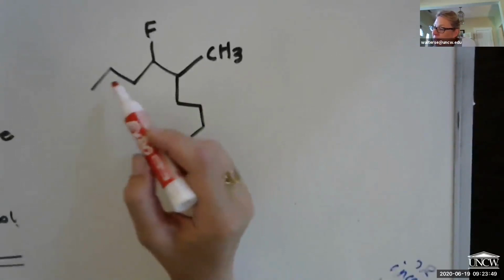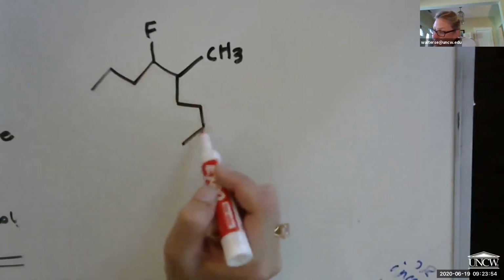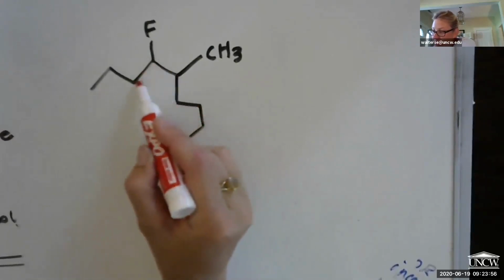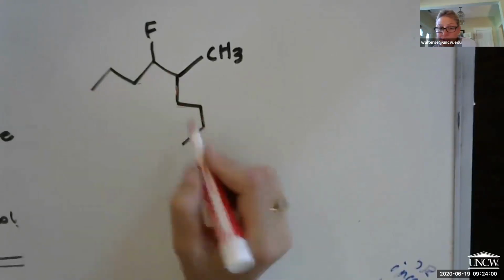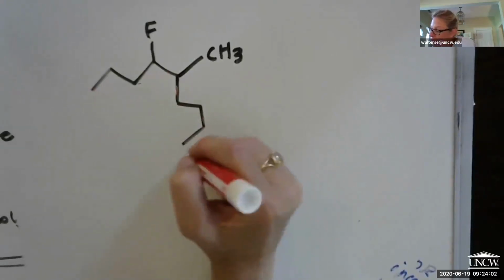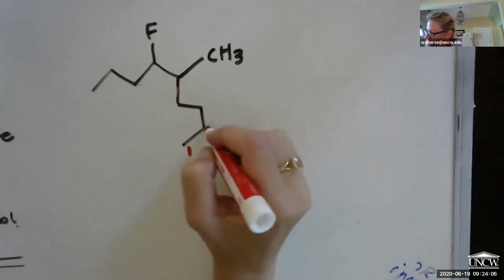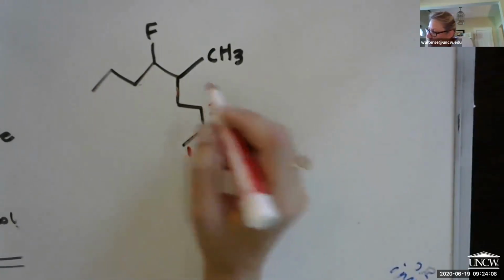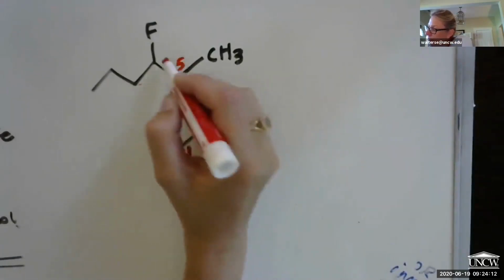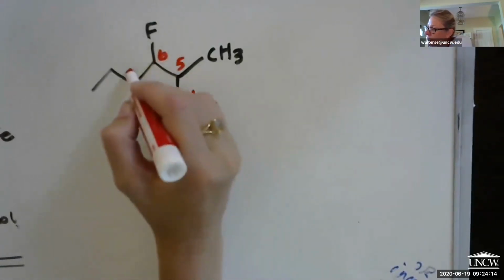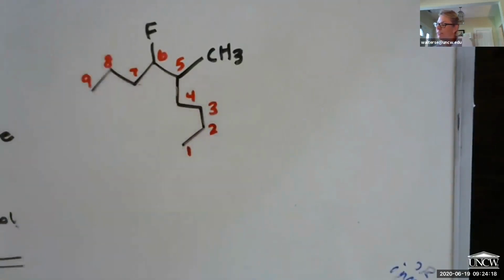Because you have free rotation, the longest chain is going to be along this curve. And then you have to number it in both directions. 1, 2, 3, 4, 5, 6, 7, 8, 9.